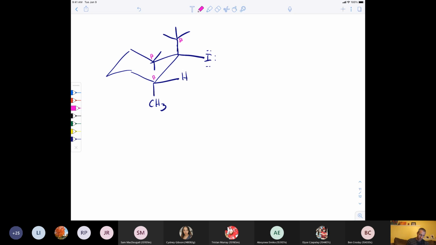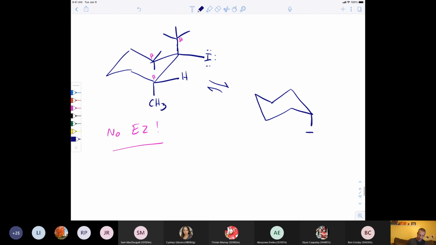And here they're both equatorial. You cannot do E2 in this conformation. So they both need to be axial. Luckily, we can do a ring flip in this case. Which would put the iodide down. And now this one's axial. This one's axial.